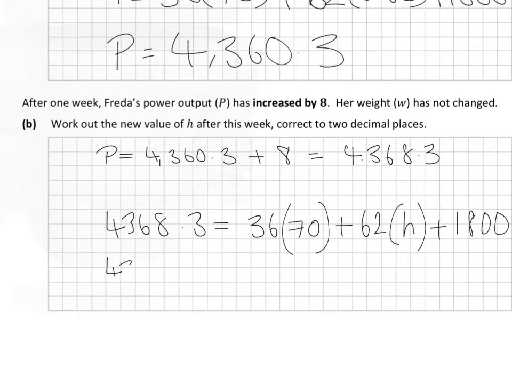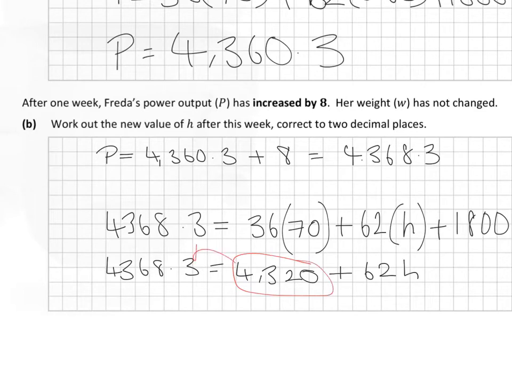Okay, so 4,368.3 is equal to, when I multiply 36 by 70 and add 1800 to it, I end up getting 4,320, and then I'm adding my 62H. Okay, and then I'm going to bring this over to the other side and take it away. So I end up with 48.3 is equal to 62H.